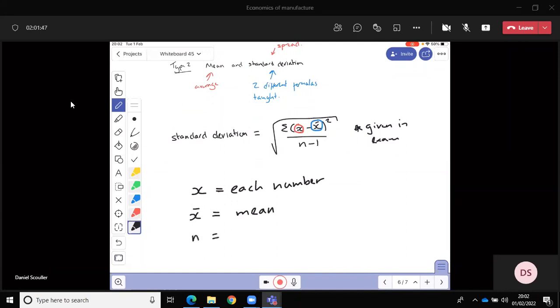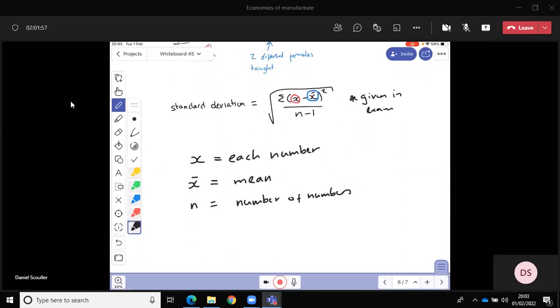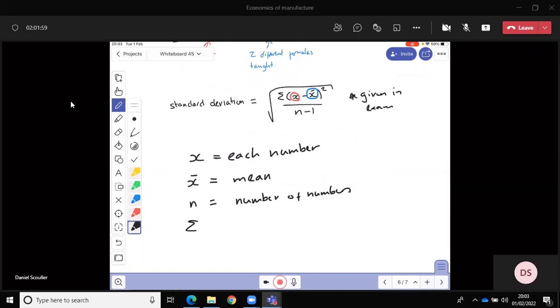N in the bottom part of it is just the number of numbers. Something you might not have seen before is this sigma. That's just a Greek letter. That just means sum of. That just means we're adding together.